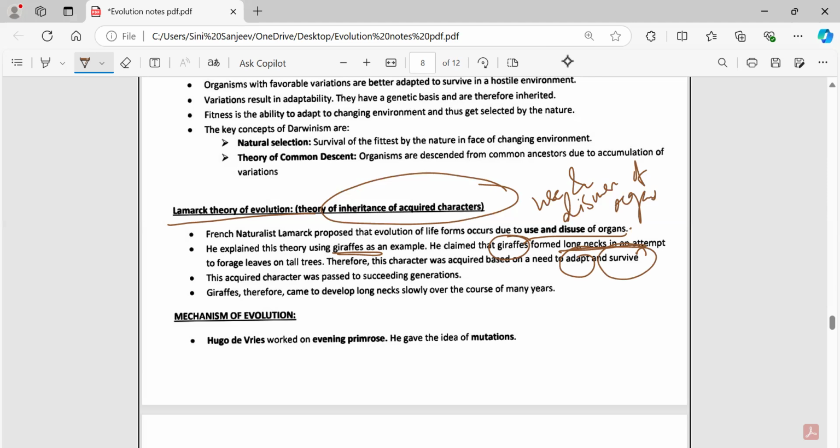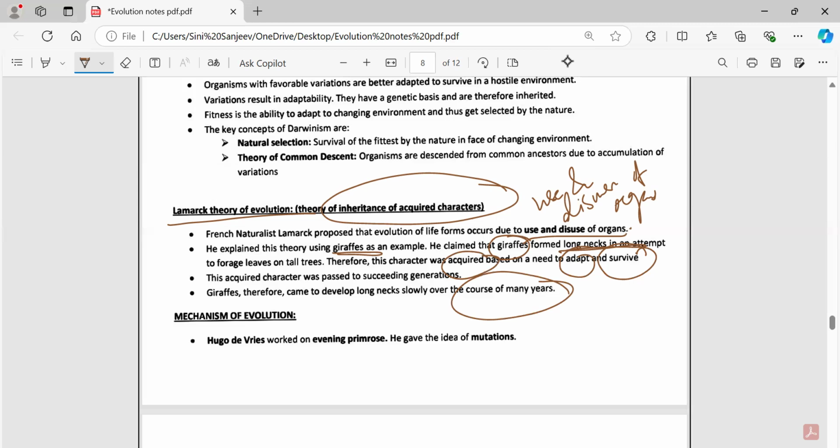For that purpose they acquired the character, the long neck of the giraffe, right?